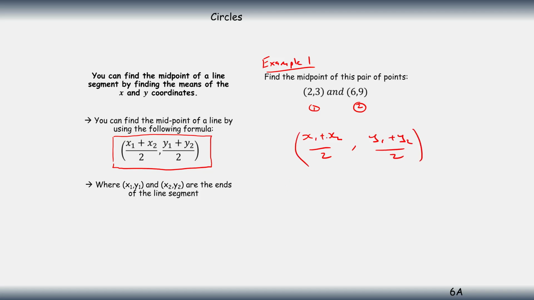So if we substitute for x1 and x2, x1 is 2 plus x2 is 6 over 2. That's our x coordinate, and then we do the same for y. 3 plus 9 over 2. And that's equal to 8 divided by 2, which is 4, and 12 divided by 2, which is 6. And it's as simple as that.